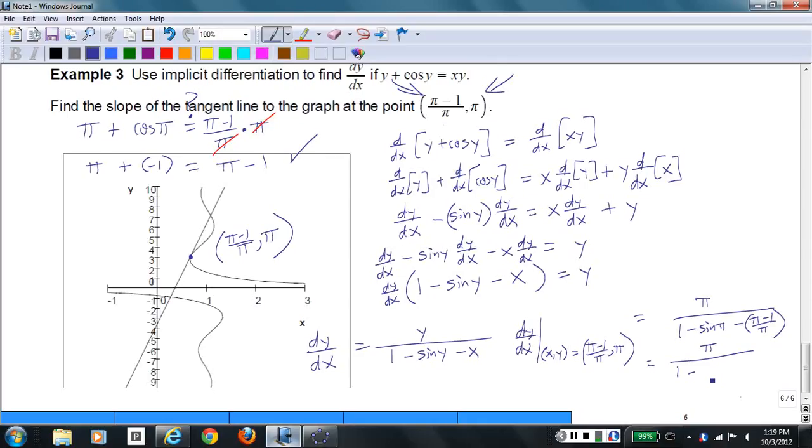Yeah, so sine starts at 0, and then over at pi, it's equal to 0 again. So it's 0 minus, I'm going to take this and write it, pi over pi minus 1 over pi.